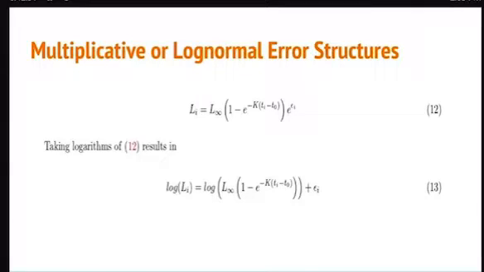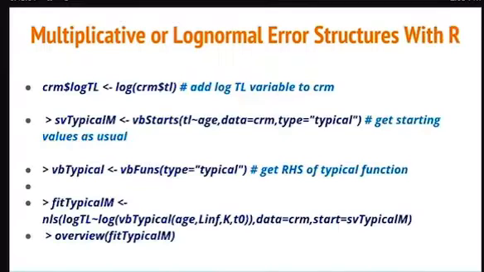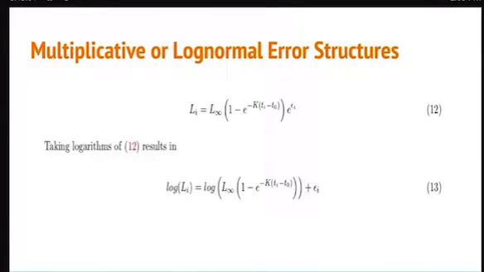Now, when you have a multiplicative error, it is easy to introduce a log, and the log is just going to give you an additive form. That is why I said a multiplicative error structure essentially assumes that the variability changes, usually increasing in proportion to the expected value of the response variable. This means that when you use the multiplicative error structure, we actually solve the problem of a violation of constant variance.